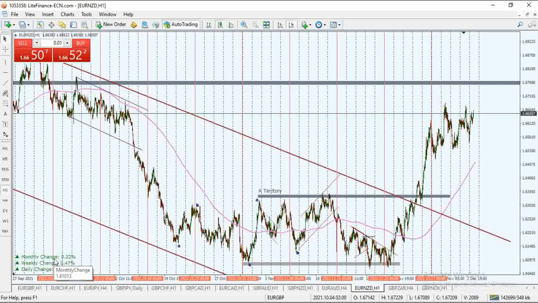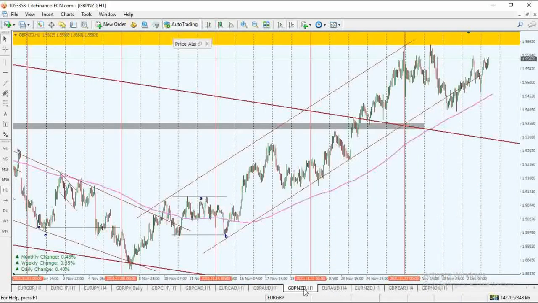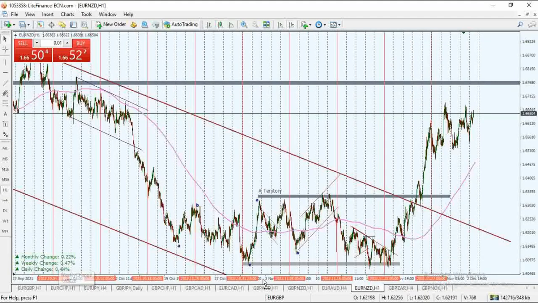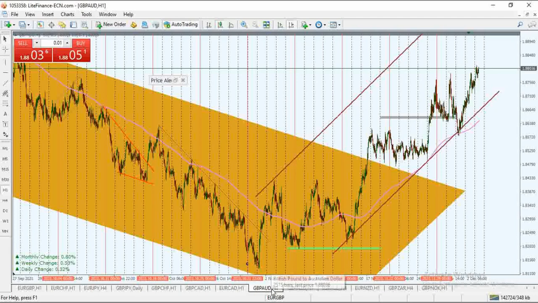On weekly trends, we have GBP NZD 0.35%, and Euro AUD, Euro NZD 0.47%. On the day, we've moved 0.45%. That also happens. So you should understand what instrument you should be trading on a particular day.